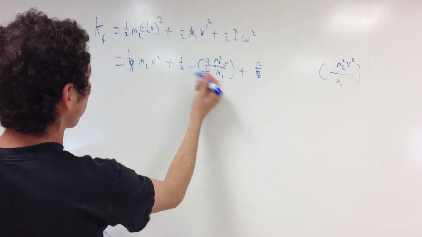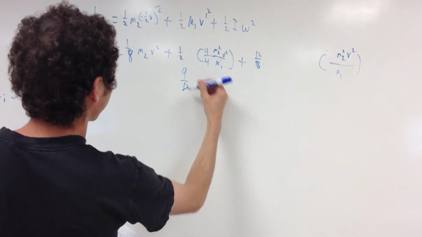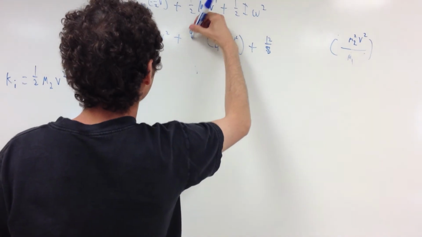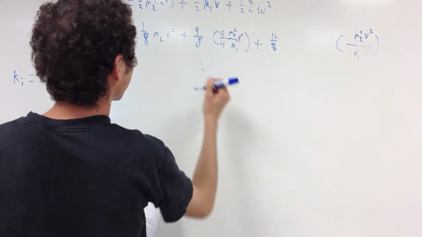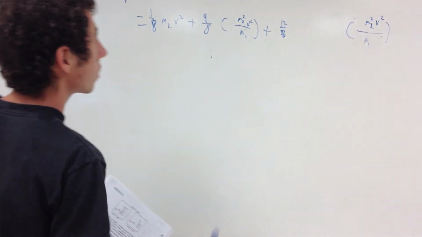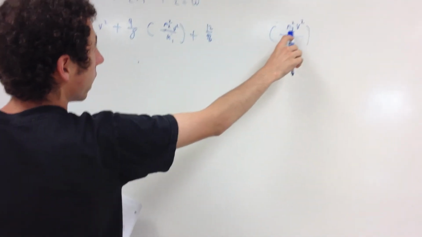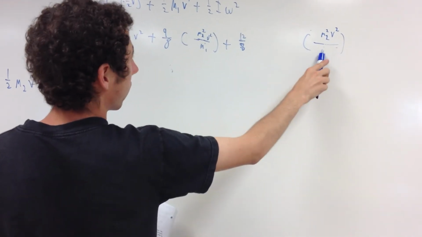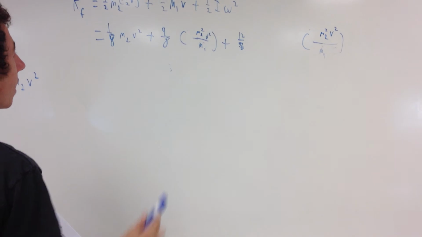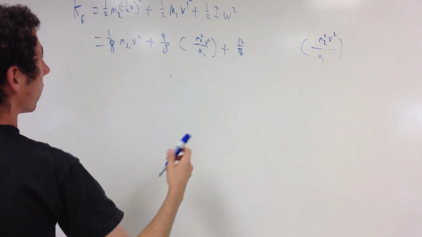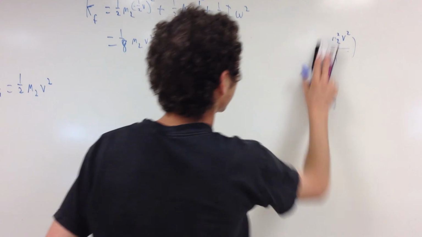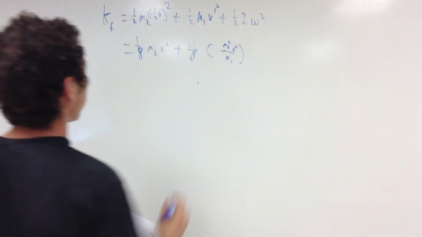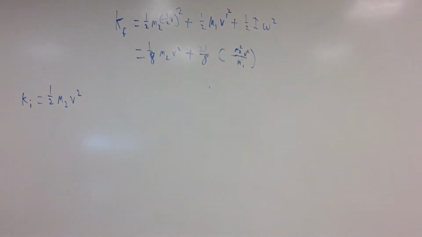And my 9 over 4 times 1 half is going to give me 9 over 8. So now both of these two are in terms of m2 squared, v squared over m1. Sorry, that m1 looks pretty ugly. So 9/8 plus 12/8 is going to give me 21 over 8. So that's my K final.